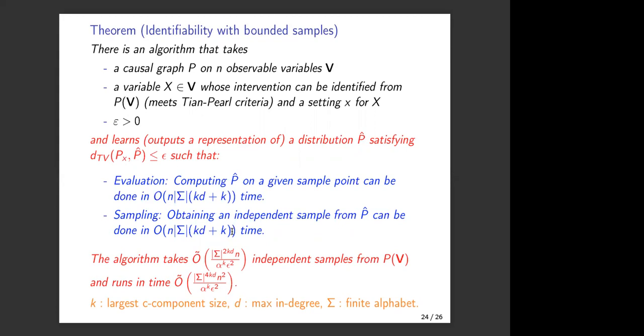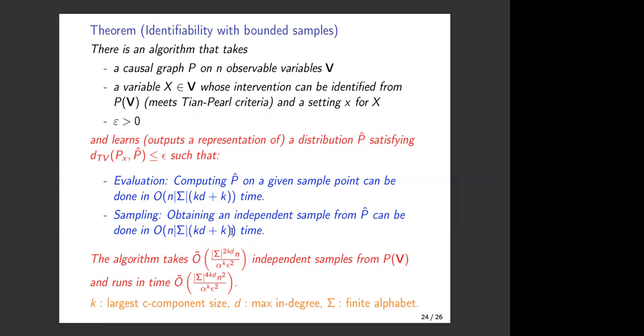What we did is look at those graphs, under atomic intervention, where the Tian-Pearl criteria is met, and Tian-Pearl gives the probability expression for the interventional distribution.